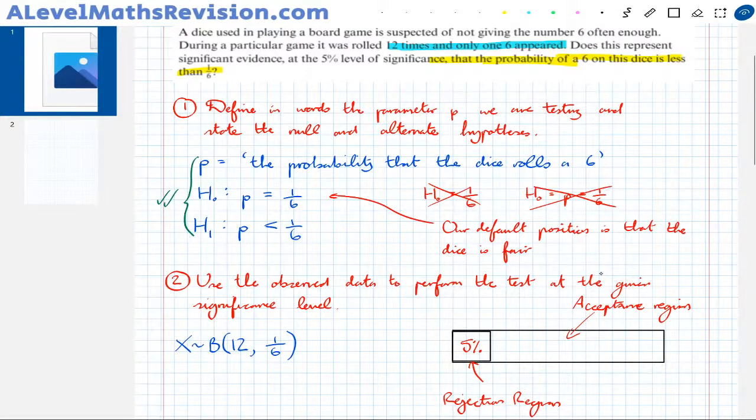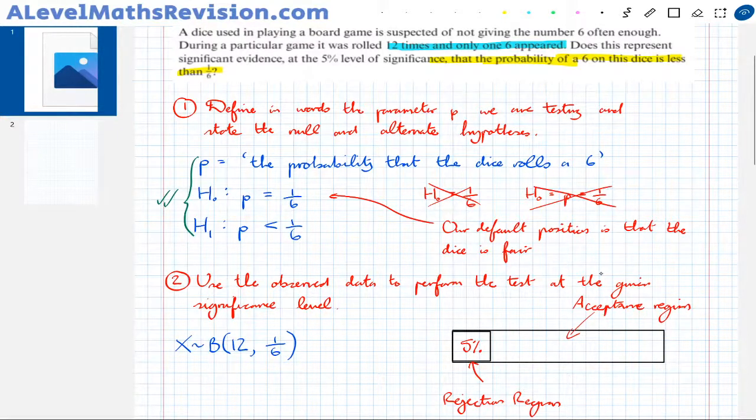So we'll roll the dice 12 times and only one 6 appears. Type in the chat how many would you actually expect. If we roll the dice 12 times, how many would we actually expect? Roll the dice 12 times, probability of a sixth.